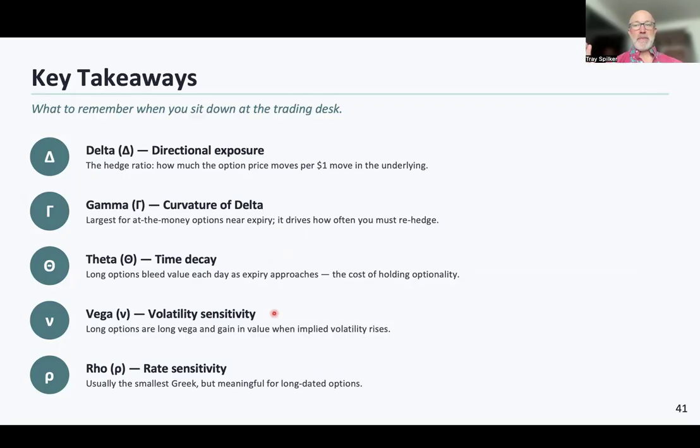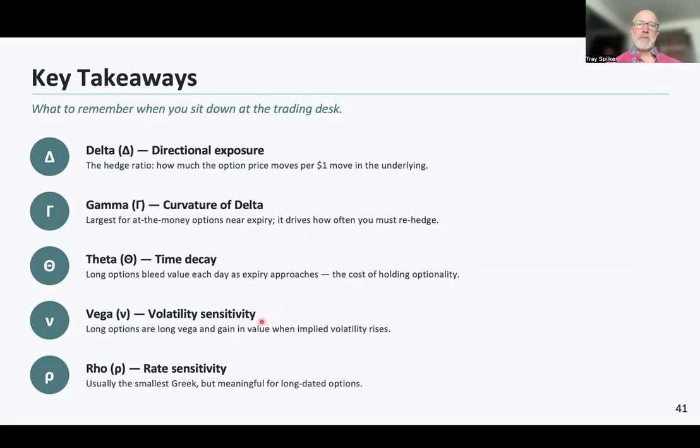Volatility is hedged like gamma. Only options have it, so you have to use another option here. It tends to only materially affect the hedging program for long options, because call and put options are positively affected by increases in volatility.